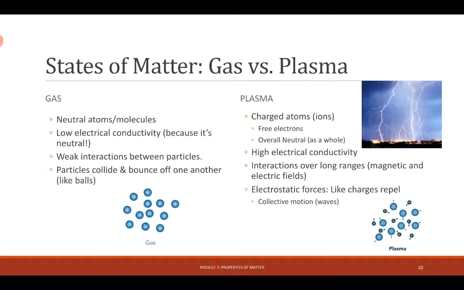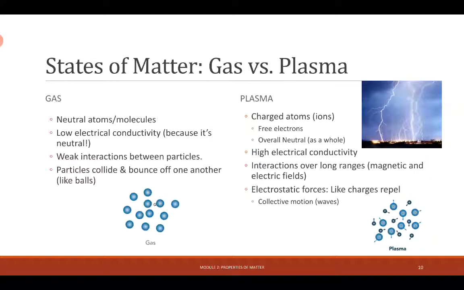Now, if we look at the different states of matter for gas and plasma, we saw that they had very similar macroscopic properties in terms of their density and volume and shape. But they are different states of matter, and they have very important differences. Gases consist of neutral atoms and neutral molecules.